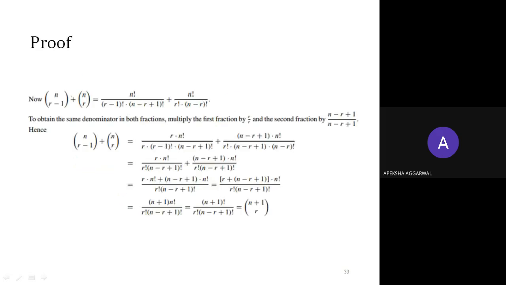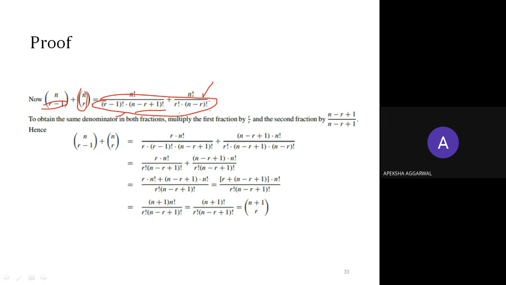So question, so pick out the right hand side, n C (r minus 1) plus n C r. Now open this up: n factorial by (r minus 1) factorial into (n minus r plus 1) factorial, and the right hand side would be n factorial by r factorial into (n minus r) factorial. Now what we want to do is make the denominator same.